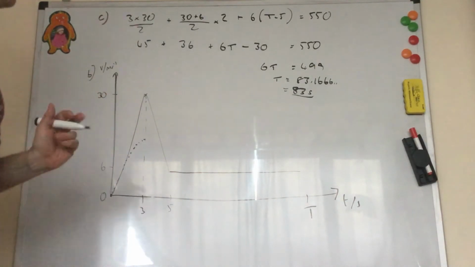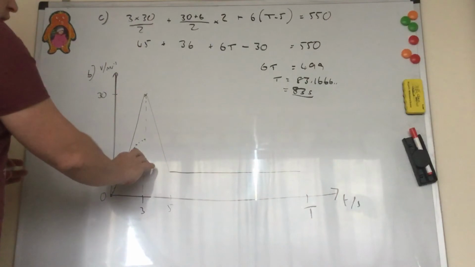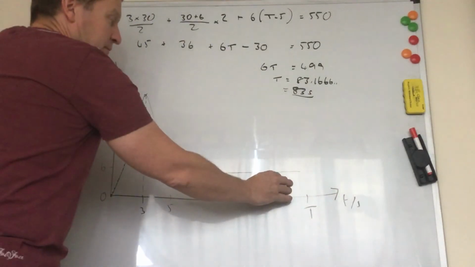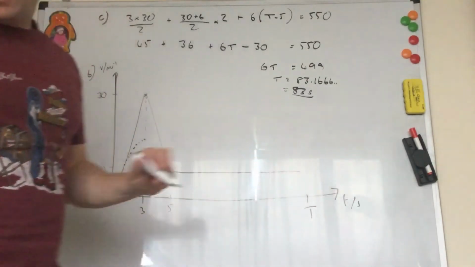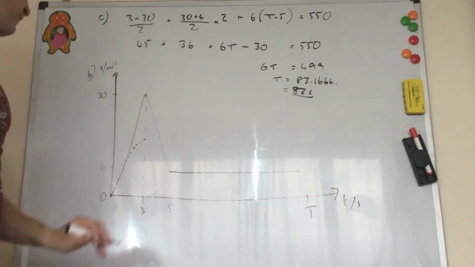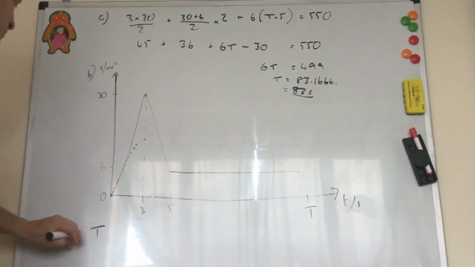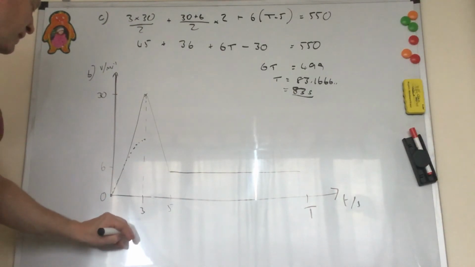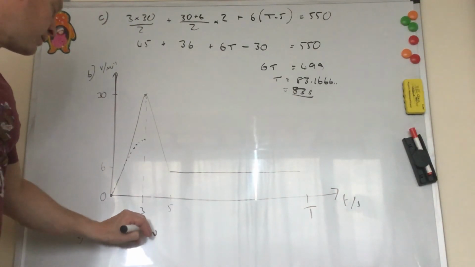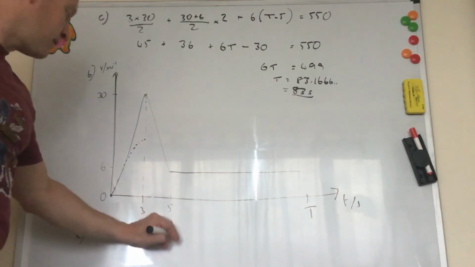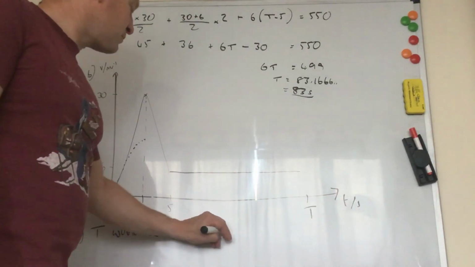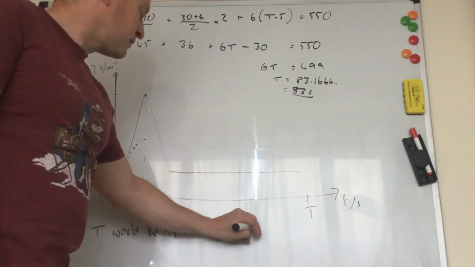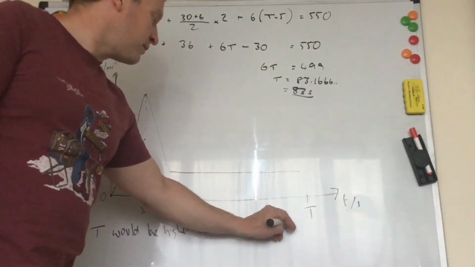If the top speed is lower, then the area under the graph is going to be lower, so this bit will have to be longer in order for her to reach the ground after 550 metres. So for part C, T would be higher, or longer, as the maximum speed would be lower.